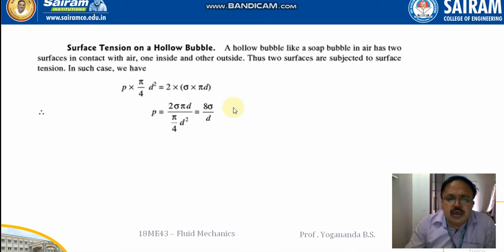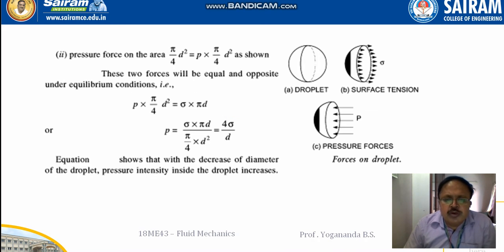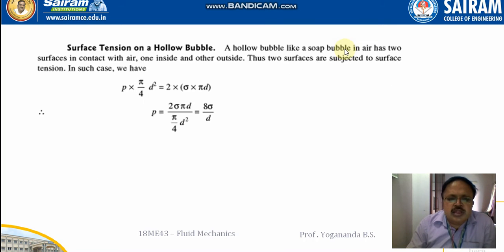But if you take the example of the water droplet, only the outer area is subjected to the surface tension because it has some thickness inside. The inner area of the water droplet is different from the outer area. But in the case of the soap bubble, both the areas are the same, so both the inner surface and the outer surface are subjected to surface tension.